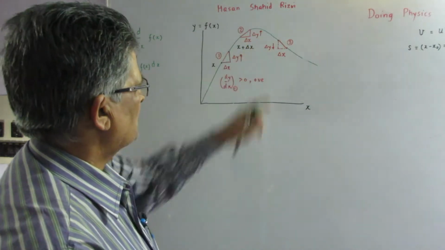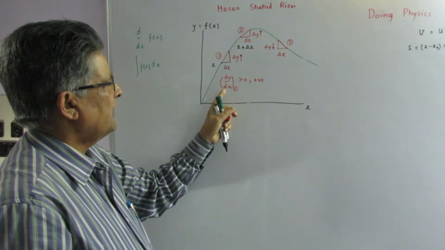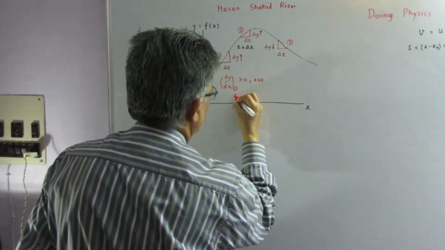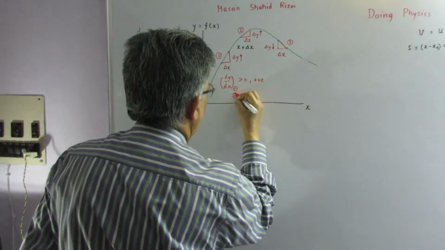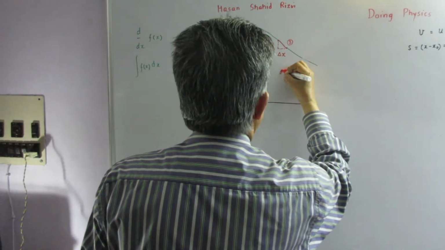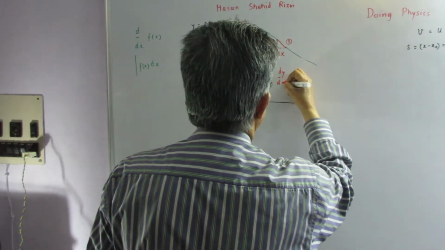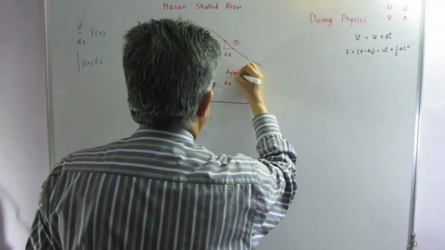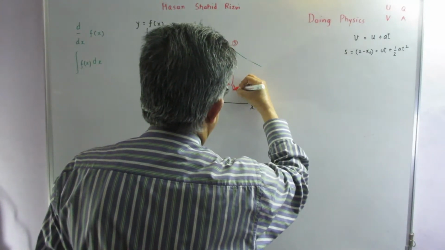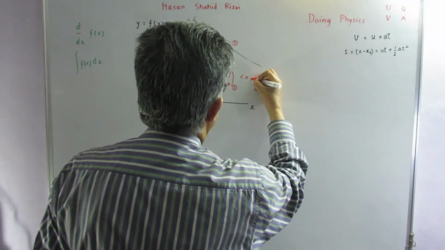In case 2 also the same thing follows, dy/dx is also positive. But in case number 3, dy/dx is less than 0 and therefore negative.